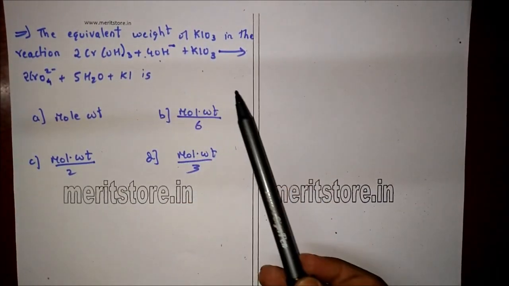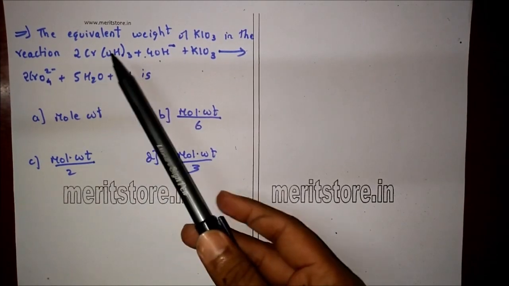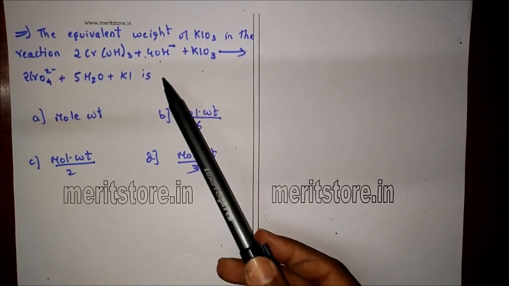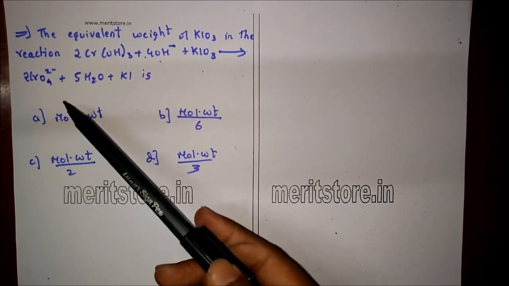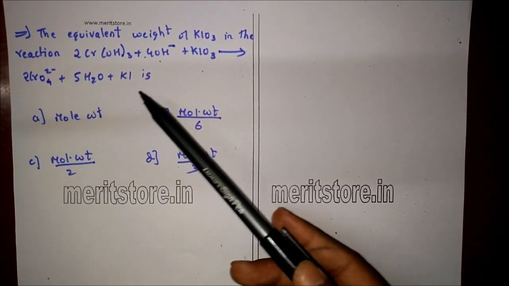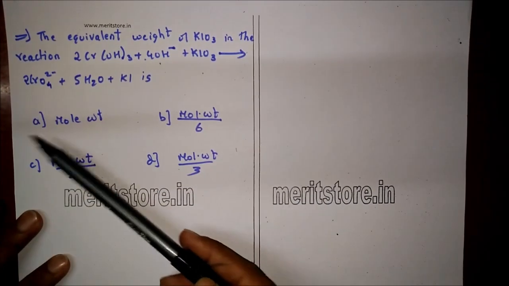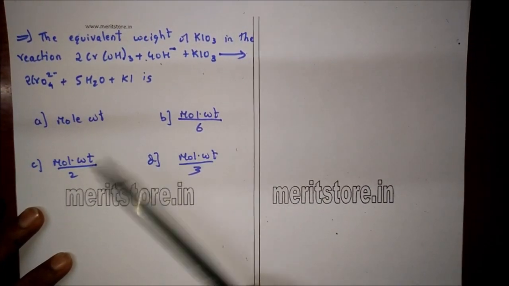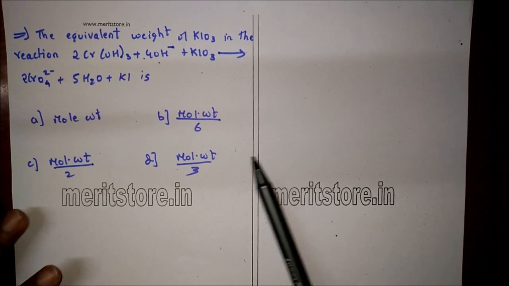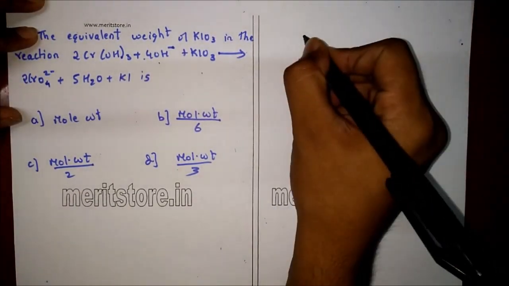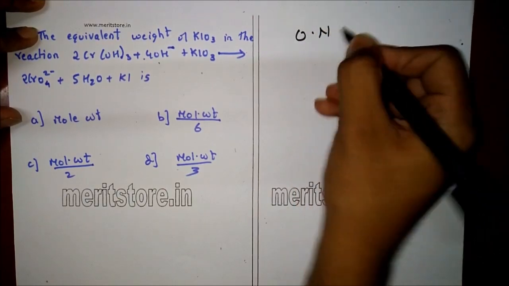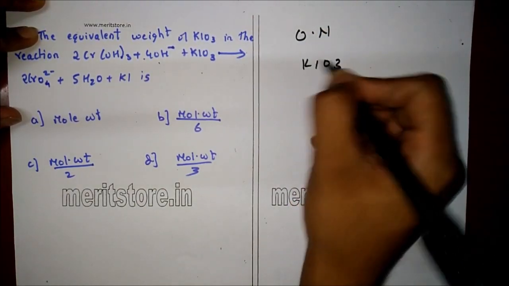The equivalent weight of KIO3 in the reaction 2Cr(OH)3 plus 4OH- plus KIO3 gives 2CrO4 2- plus 5H2O plus KI is either A) the molecular weight, B) molecular weight upon 6, C) molecular weight upon 2 and D) molecular weight upon 3. Now let's find the oxidation number of iodine in this reaction.